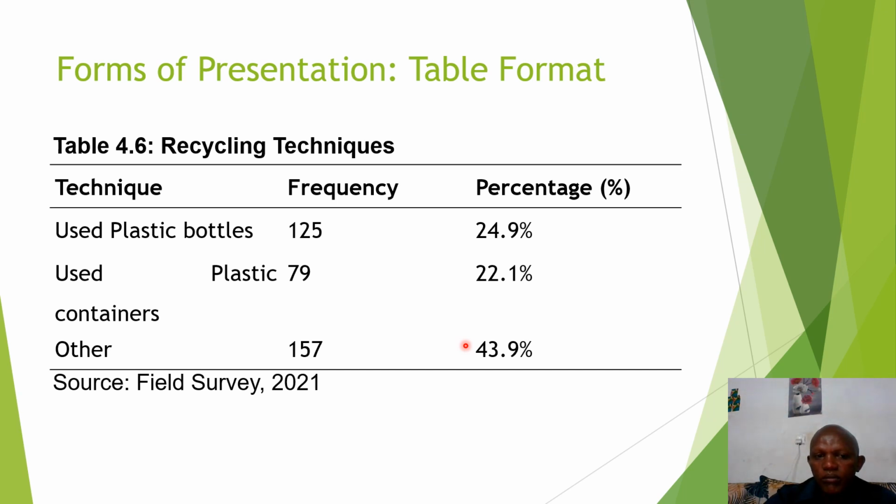So if it was out of 357, for example, it means that in 1,000 respondents, then probably 22% of that population will be using plastic. That's what I will just look at.